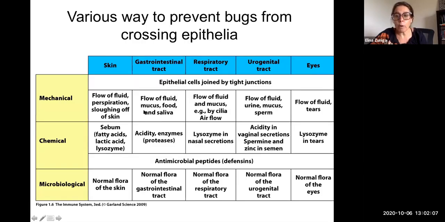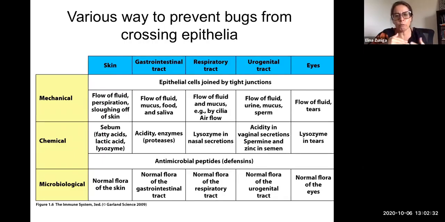It is all in the skin and in all of the other tracts and the eyes. You also have, in the gastrointestinal tract, respiratory tract, or urogenital tract, the presence of mucus that is secreted by specialized cells, and it will form a layer on top of these epithelial cells that will make it difficult for a microbe even to reach the epithelial cells, okay?